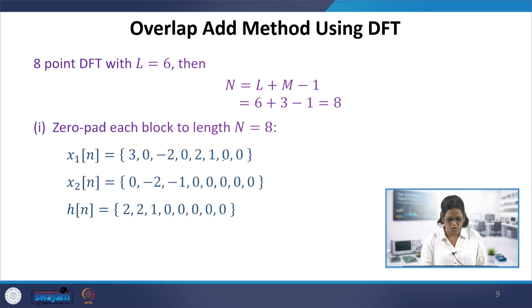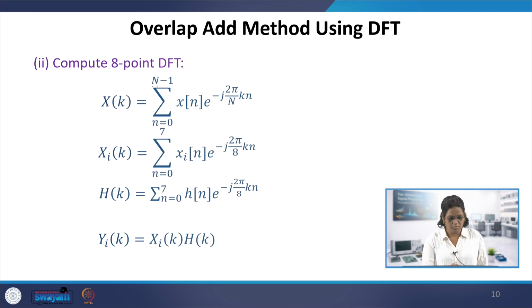Now we can see that x1 of length 6 is appended with zeros, and x2, which had length 4 in this example, is made 8. You can see these zeros are appended, that is zero padded, and h is also made the same size by zero padding.